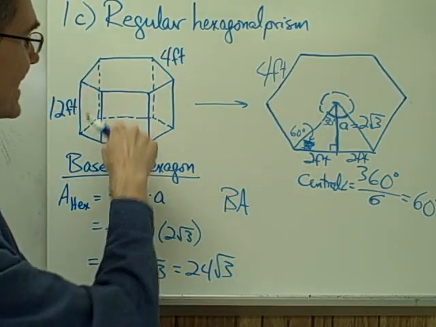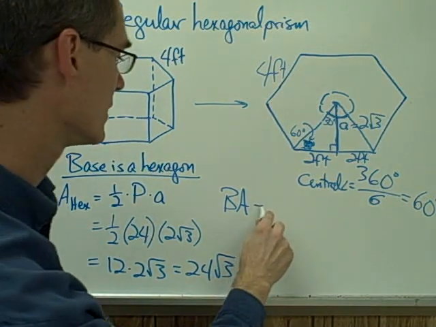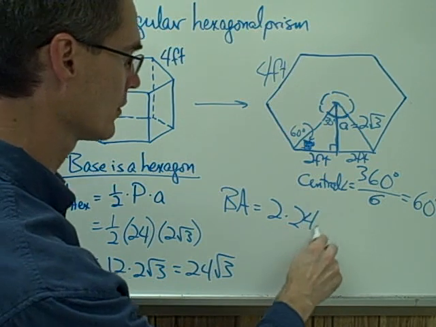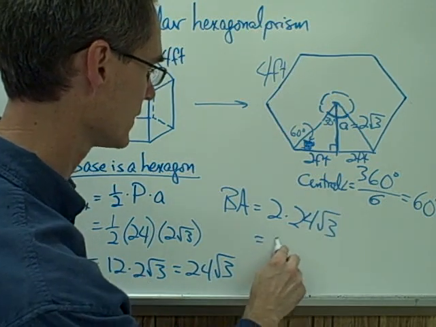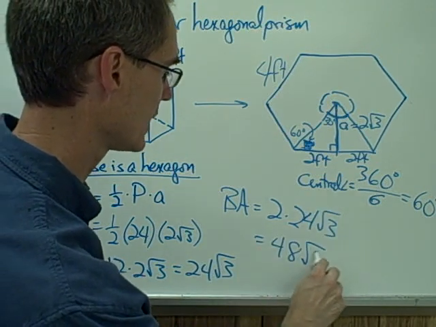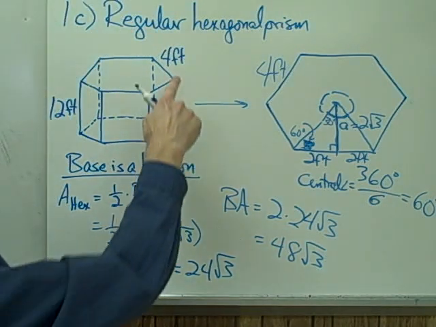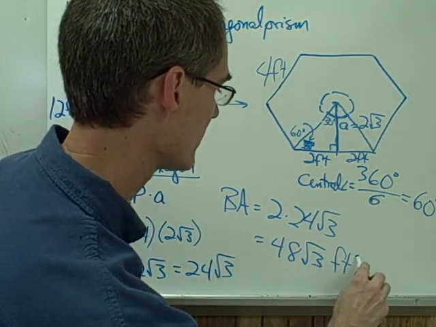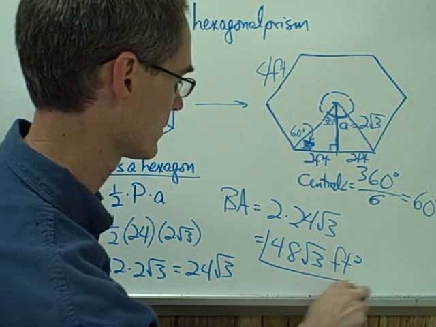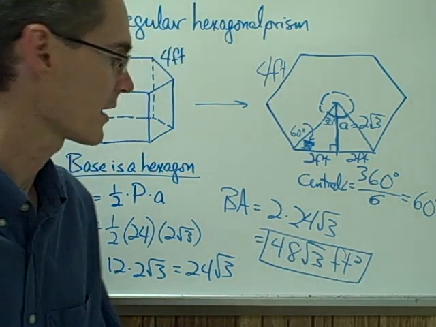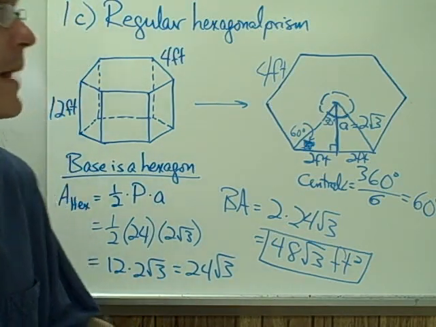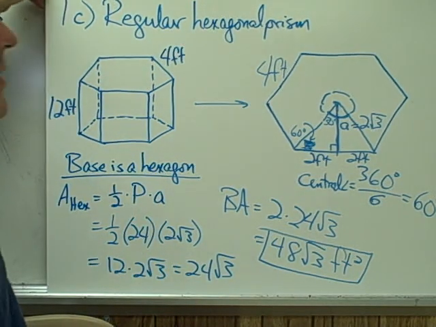They're both identical hexagons, so I just need 2 times 24 radical 3, and that gives me 48 radical 3. My units this time are in feet, and this is area, so this is 48 radical 3 square feet. And that's the base area for my regular hexagonal prism.